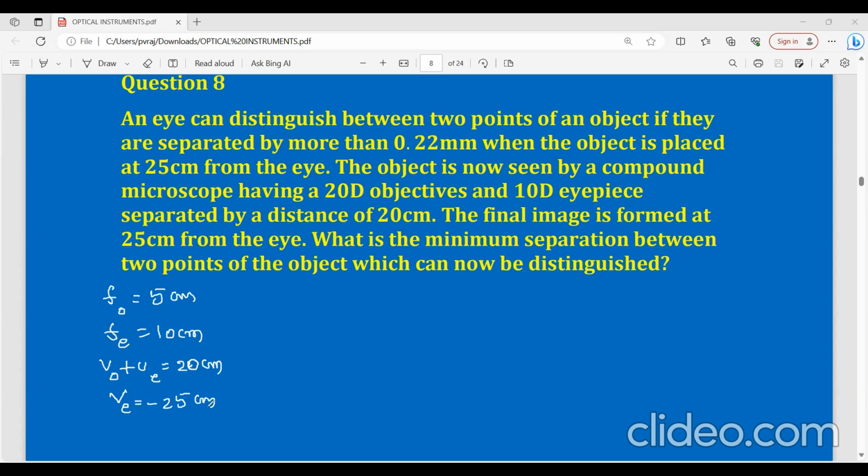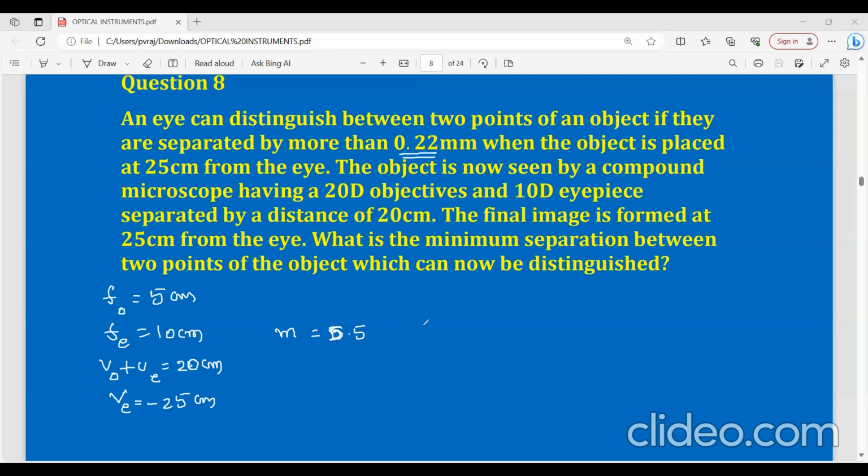In the last two problems, whatever method you followed, the same method here also you have to follow, and you will get the magnification, which is equal to 5.5. Now, initially with the eye, this is the resolving limit. And now by using this much magnification, very small distances also you can see.